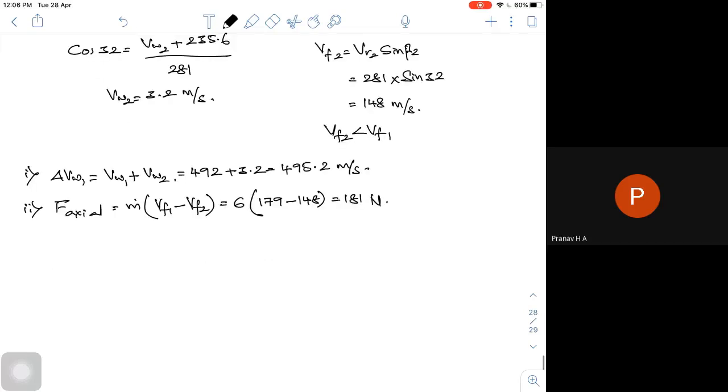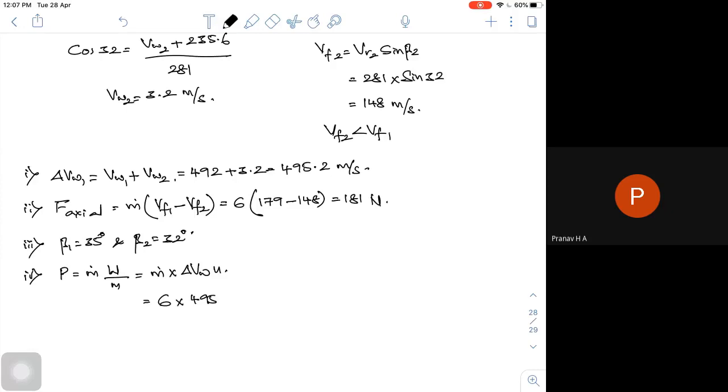We have already seen beta 1 as 35 degrees and beta 2 as 32 degrees. Then what is the power? The power is equal to m dot into specific work, that is delta VW into U. So m dot is 6 into delta VW is 495.2.